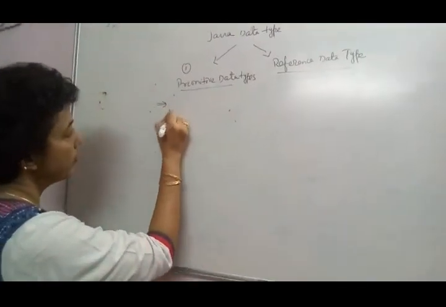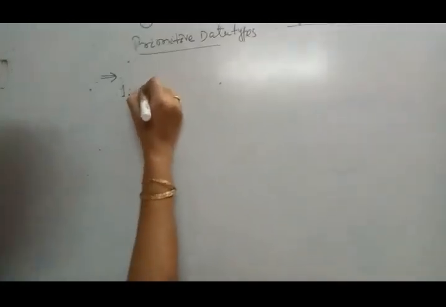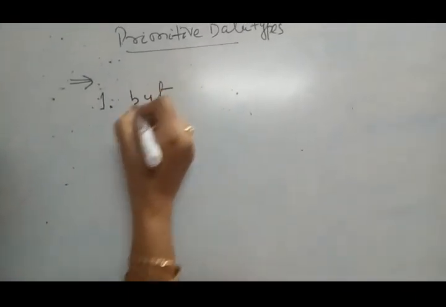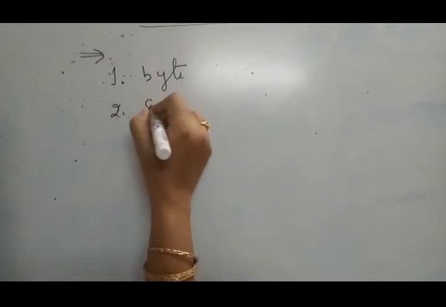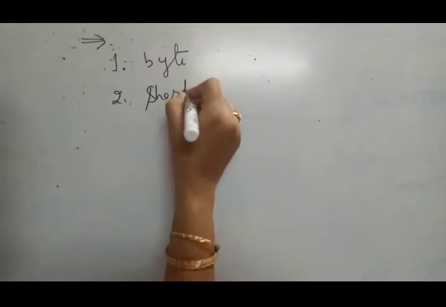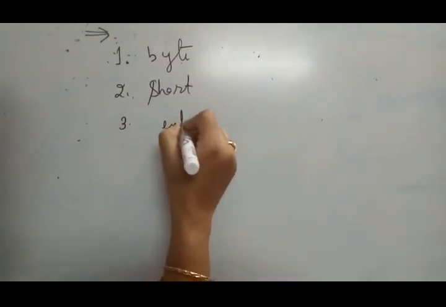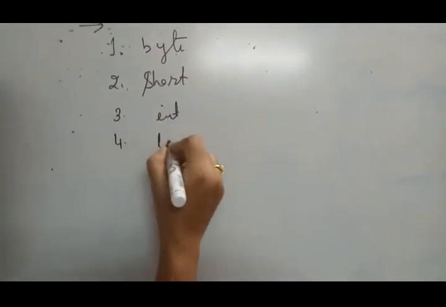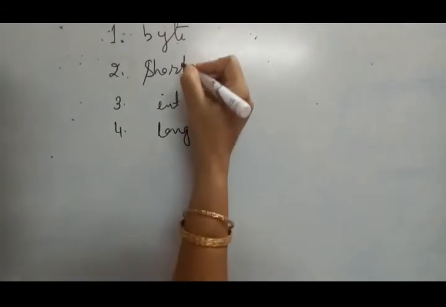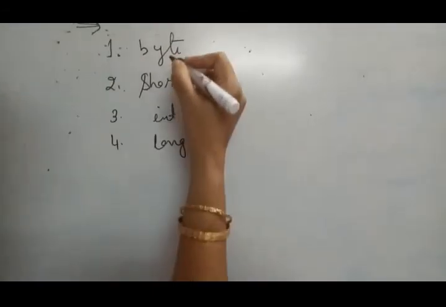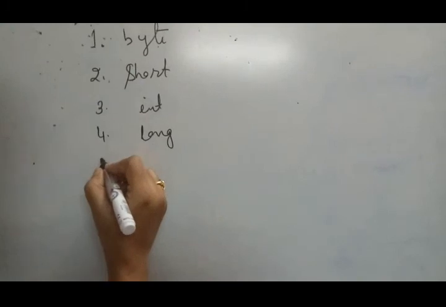and they are: byte, short, int, long. Now each of them are keywords, so they all are written in lowercase.